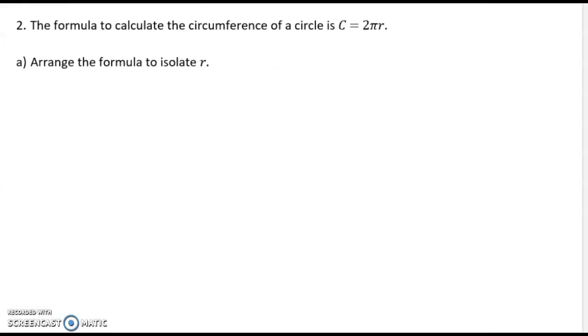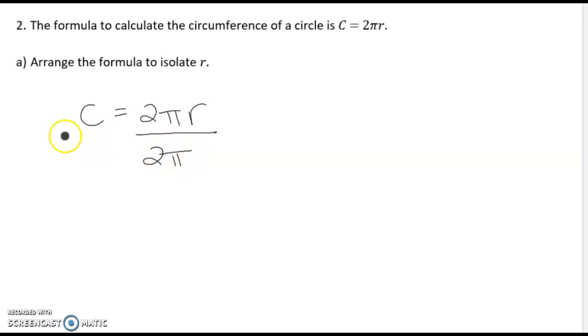So next question. The formula to calculate the circumference of a circle is c equals 2 pi r. Now we're going to rearrange the formula to solve for r. So this little guy. I'll start by rewriting c equals 2 pi r. Because right now r is multiplied by 2 pi, we have to do the opposite function, which would be divide by 2 pi.